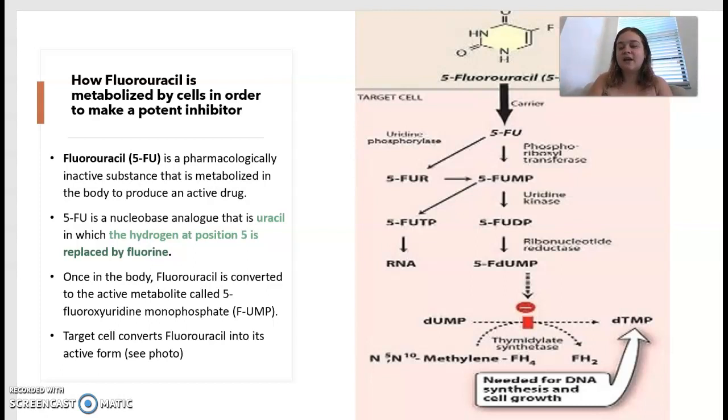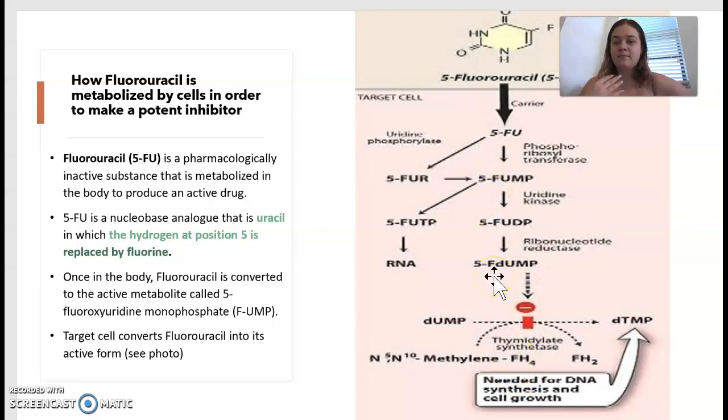The target cell is what converts the 5-FU into its active form. So when we're looking at this photo here, we can see the 5-FU molecule, and then once it crosses into the target cell, it is converted into 5-UMP.